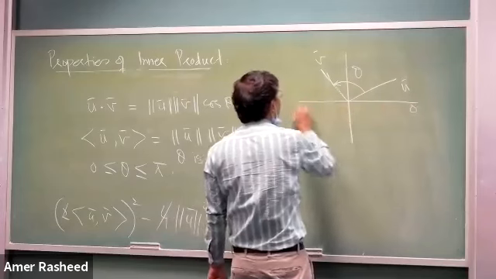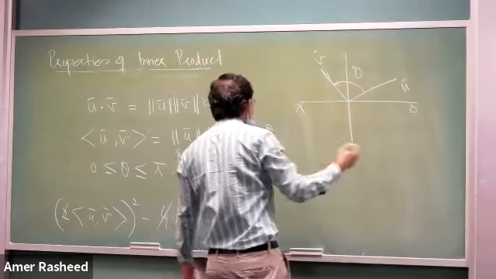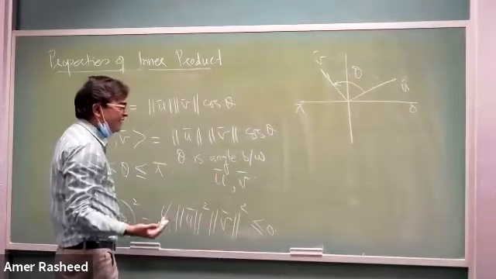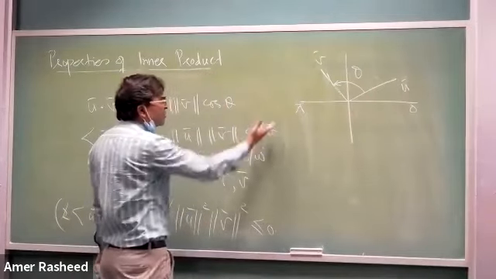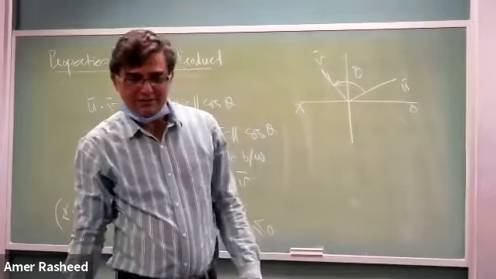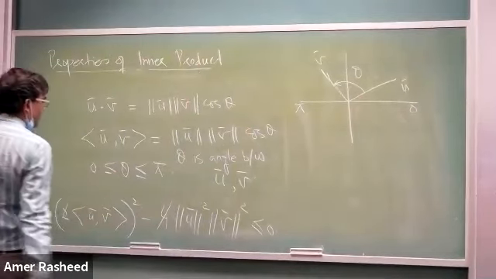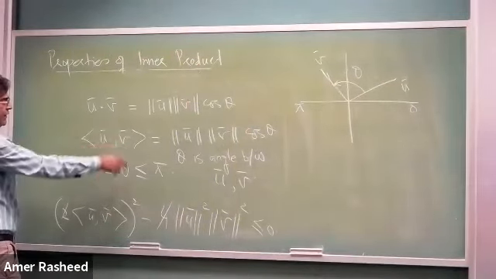This is your 0 angle, this is your pi angle. If you take the clockwise direction, theta becomes negative theta, but it doesn't change anything, because cos of negative theta is equal to cos of theta, since cos is an even function. That is why we take theta between 0 and pi.